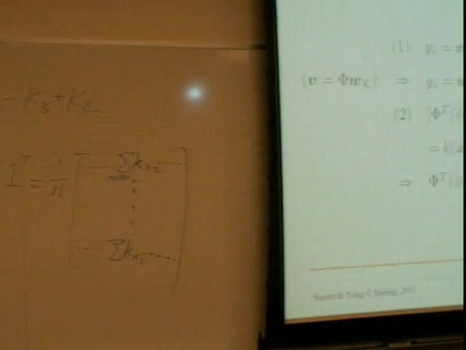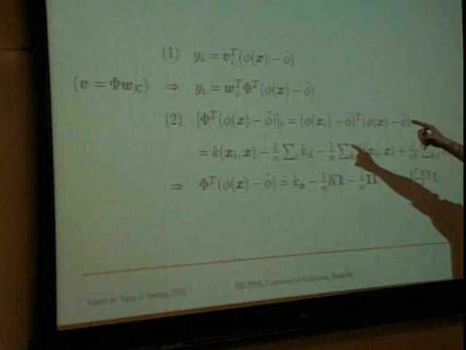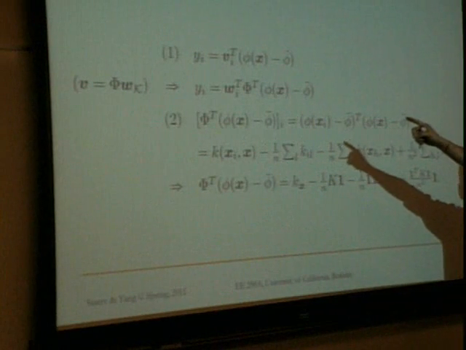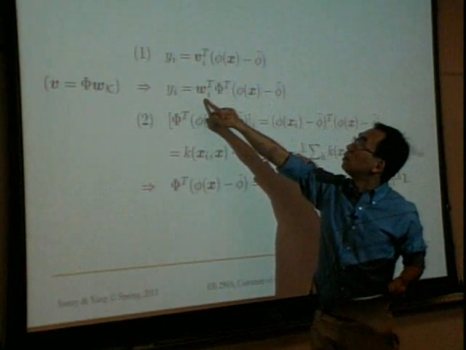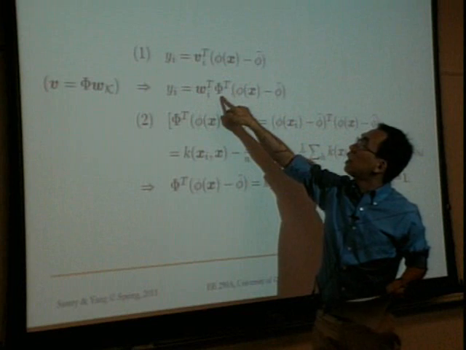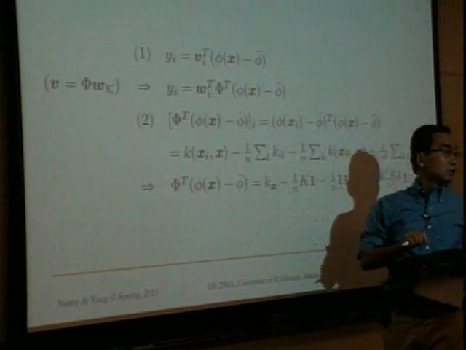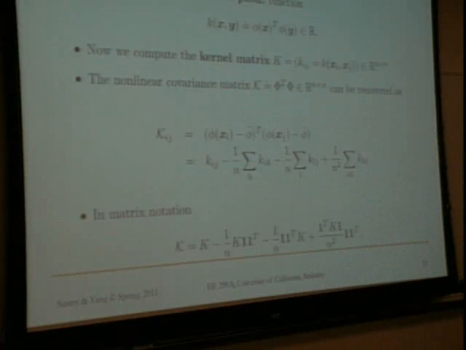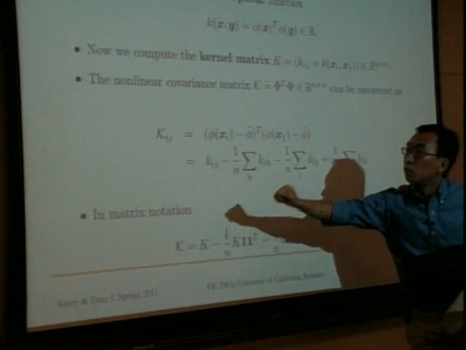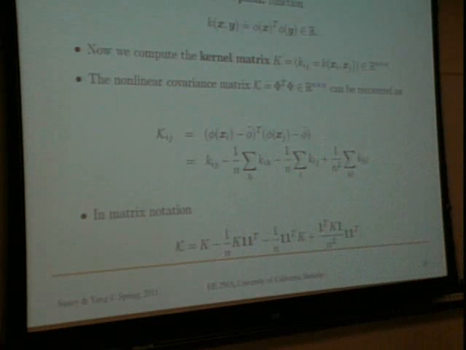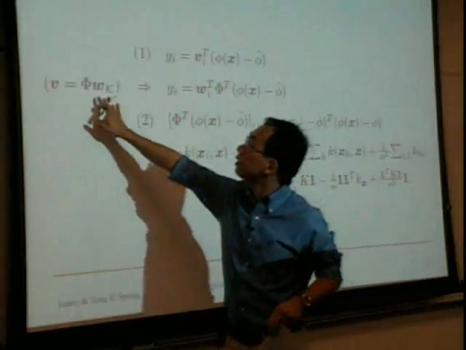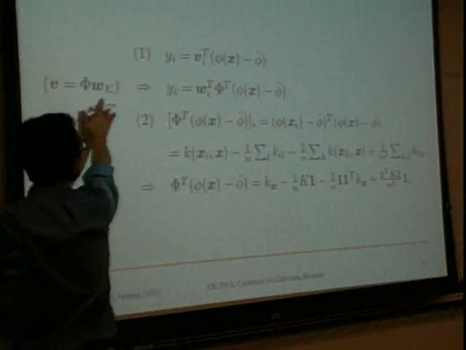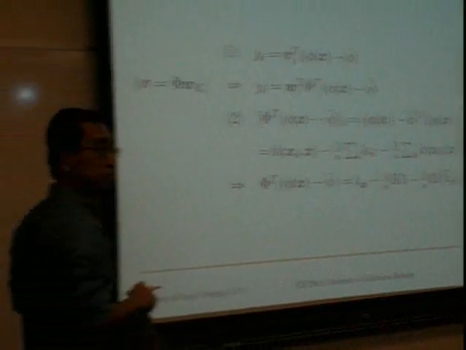Why? Because we want to compute the nonlinear eigenvalues, nonlinear principal components. We know that this guy is equal to W, phi times W, right? So after we get hold of this guy, we compute W and lambda. From there, I can recover this part, exactly as this equation tells you. Okay?